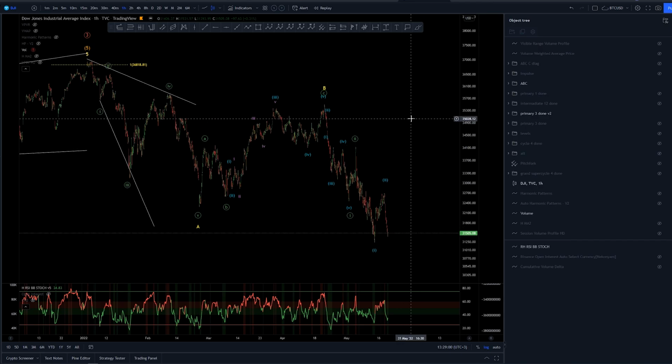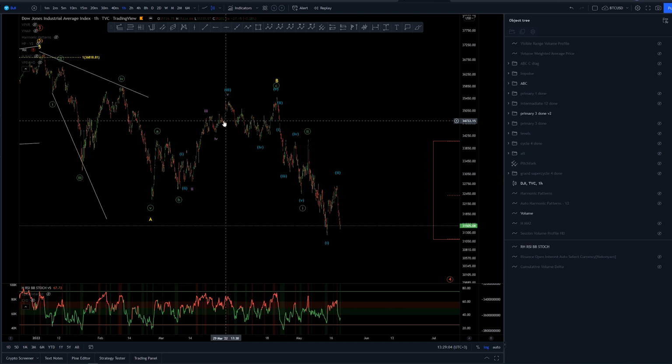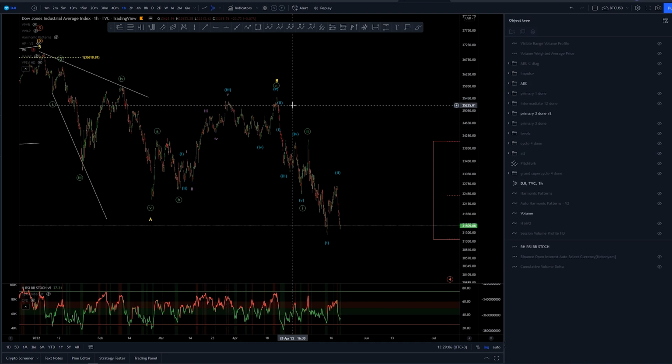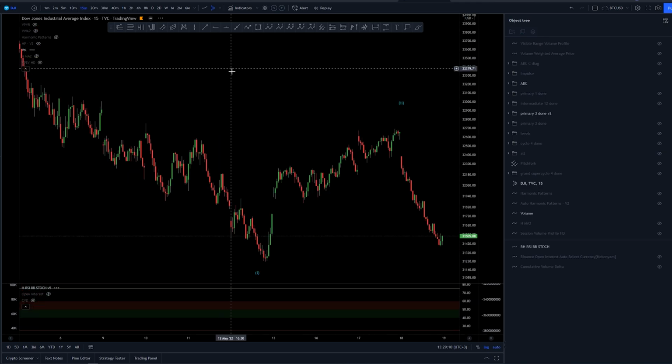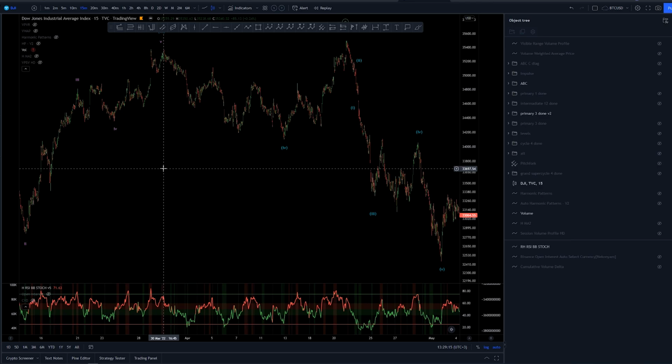At this point, again, wave 3 does have a small divergence with the fifth if we are looking at lower degrees or lower time frames here. Here we have the fifth wave tops. We get a divergence between that and that.